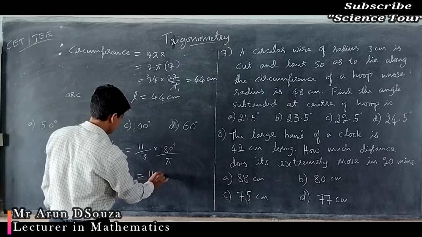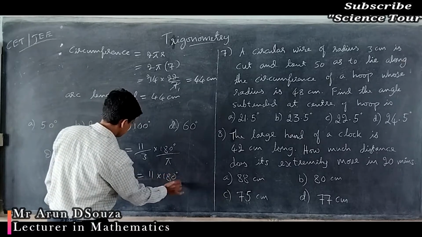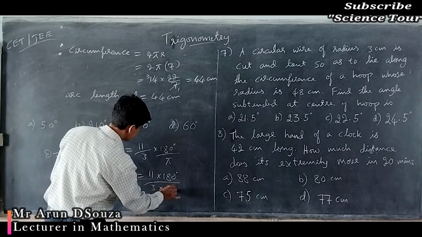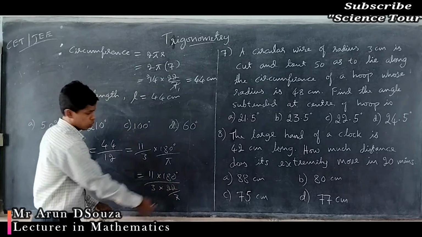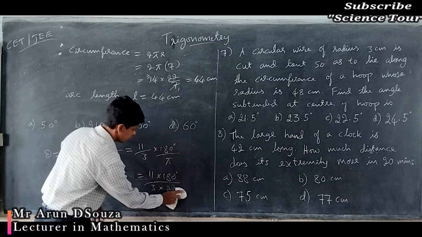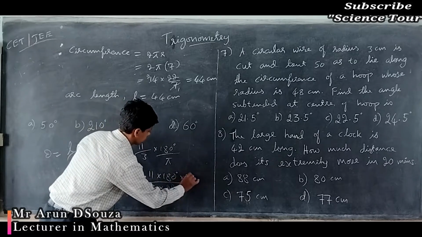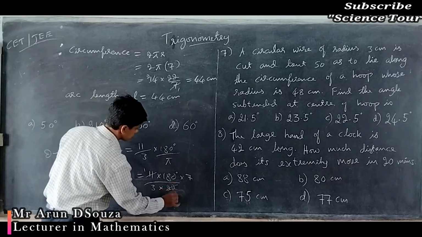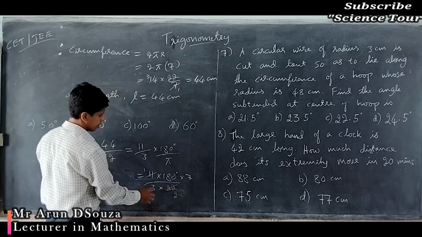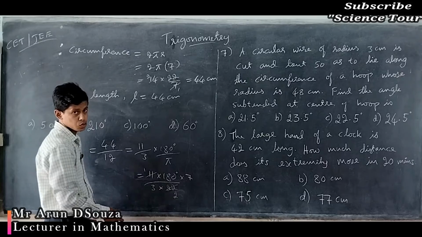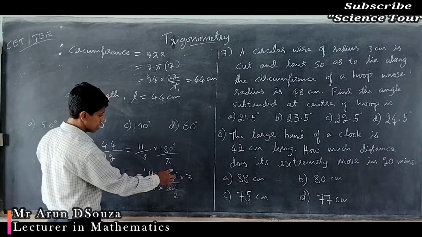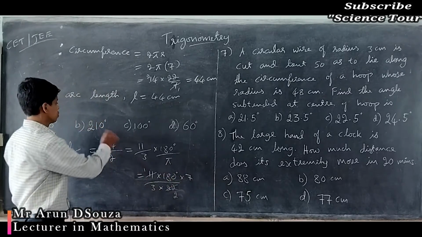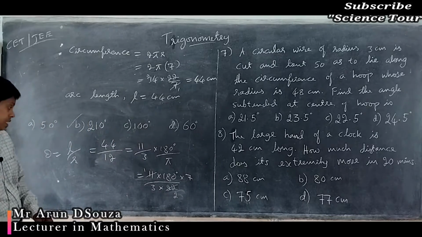So 11 into 180 divided by 3 into 22 by 7 pi. So what happens to this 7? Goes to the numerator, obviously. So into 7. Now this is 11 ones 2, correct, and then 3 2s are 6, so this will be 30. So 30 into 7, 210 degrees.